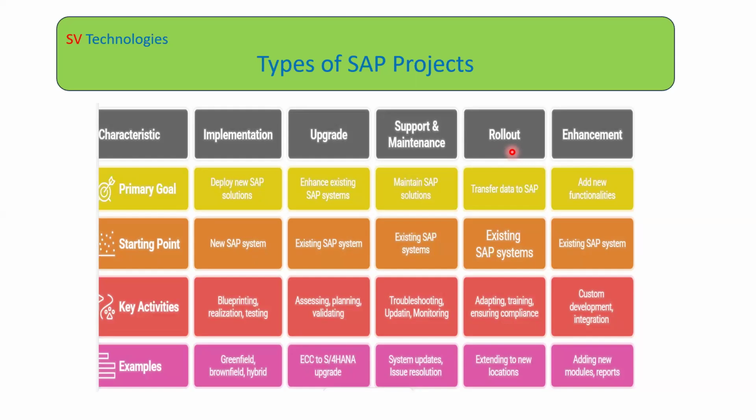They have multiple plants in different locations, let us say Nasik, Pune, and Zaheerabad. Let us say Mahindra and Mahindra has implemented SAP, let us assume, for the Pune and Nasik plants. They haven't implemented it for the Zaheerabad plant. So in such cases, initially they have implemented for two plants, one for Pune and another for Nasik.